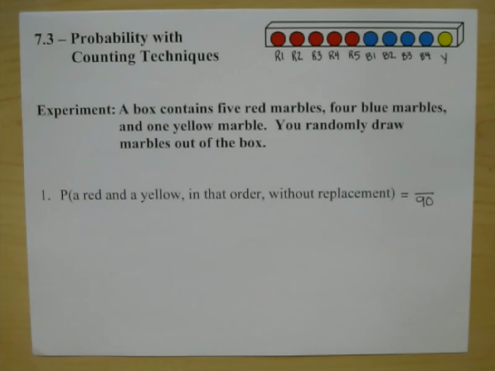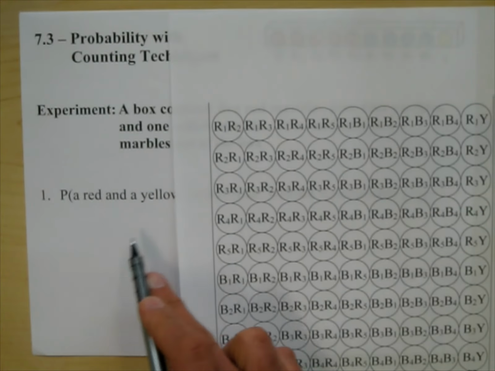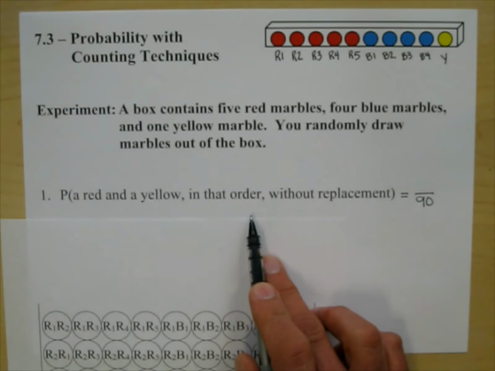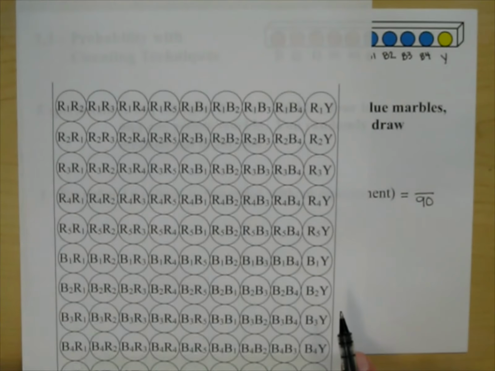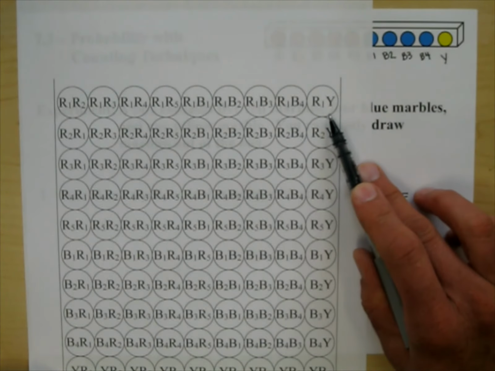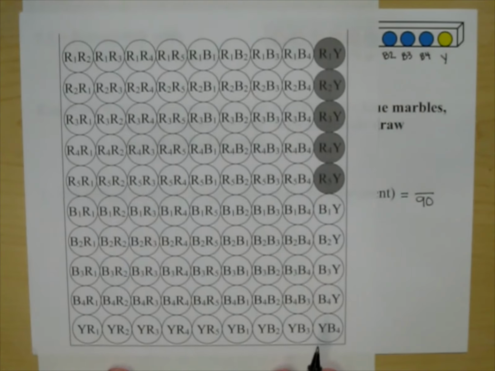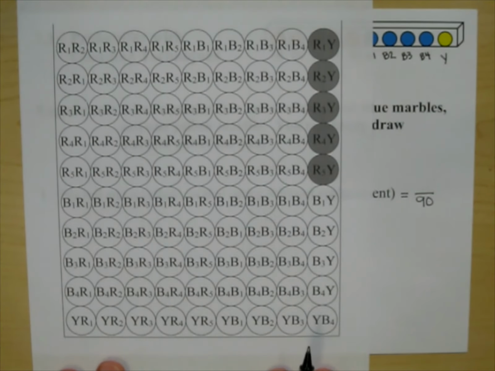Now, how many things in this box do we want? We want a red and a yellow in that order, without replacement. So a red and then a yellow. I see a red and a yellow here, and a red and a yellow here. In fact, I've highlighted them in this drawing right here. Those are the only 5 marbles in the box where we have a red, then a yellow.